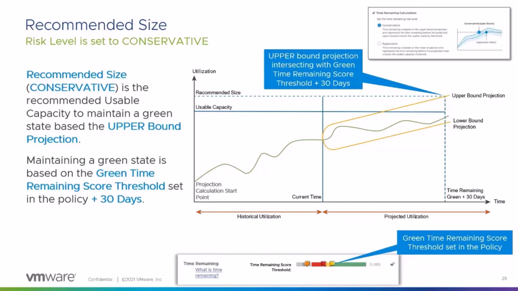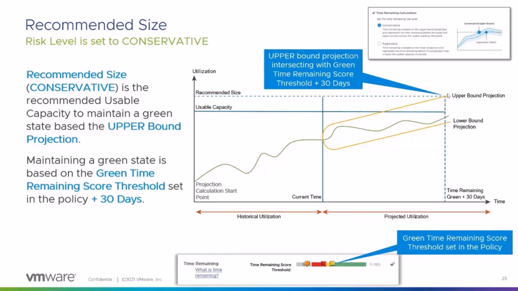So now it's going to right size my virtual machine based on the projection 60 days into the future. So I will go out here 60 days into the future. My time remaining score plus 30 days gives me where I want to look. And then I figure out, anywhere between now and that point in the future, what is the highest utilization for that virtual machine.